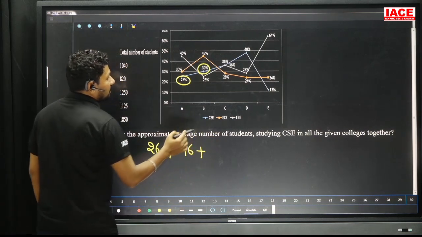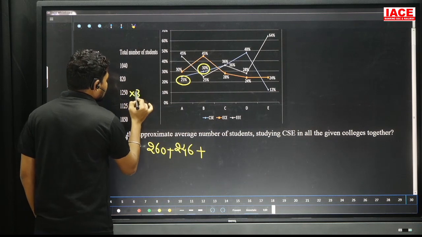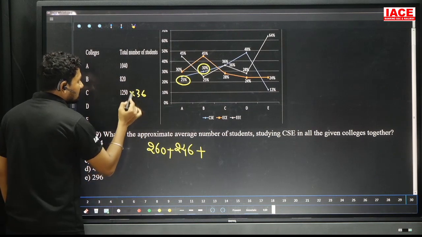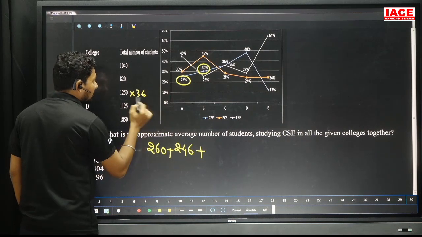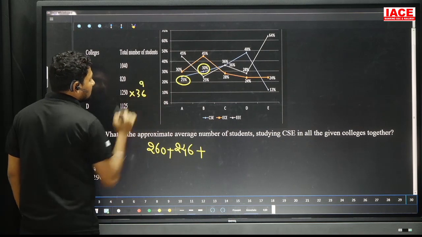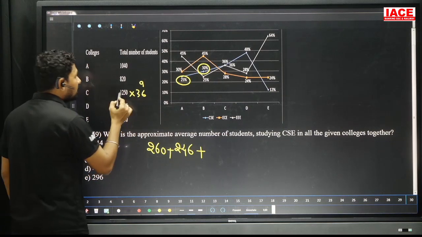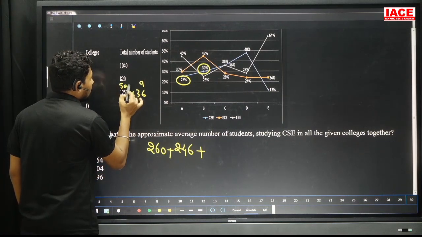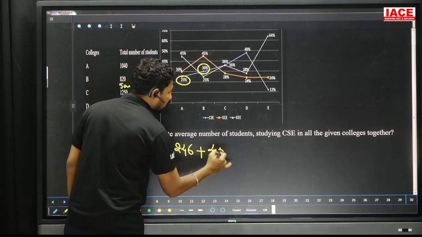And next, particularly CSE blue color, 36% of 1250. So 36, making half value, divided by 4, here divided by 4 means it is 9. And 4 will be multiplied, 125 double value is 250, 250 double value is 500. Here the required percentage, 9% means 2 zeros cancel, it becomes 450.